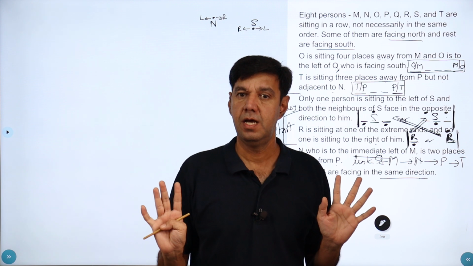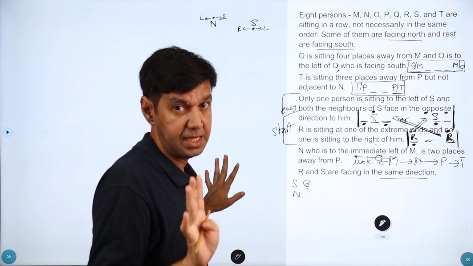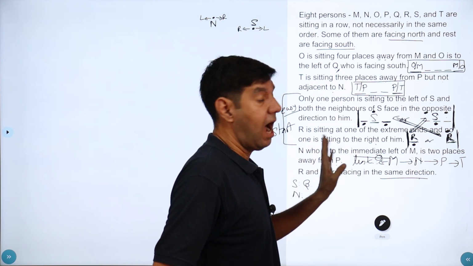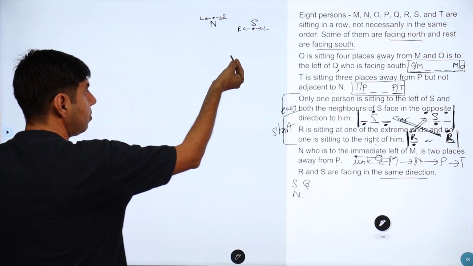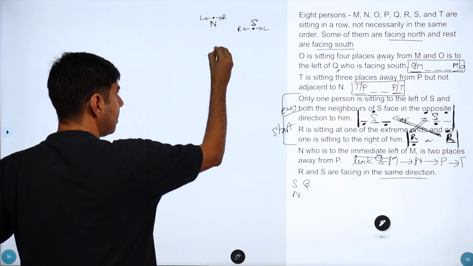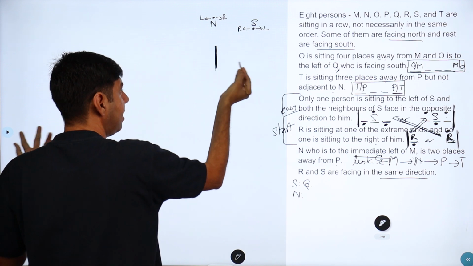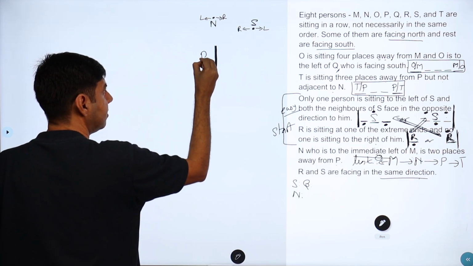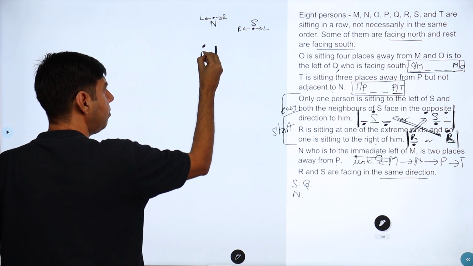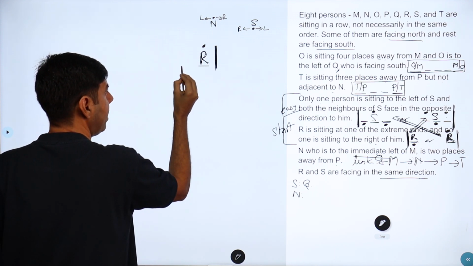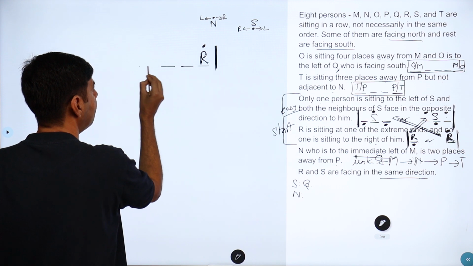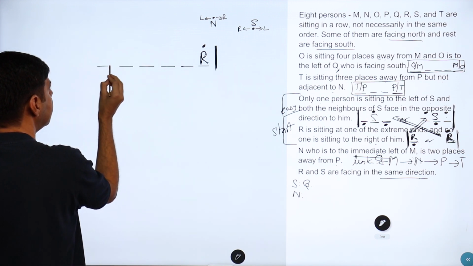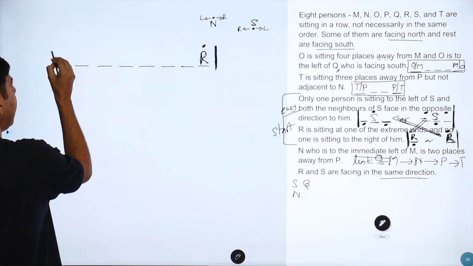One assumption. See this, it's a very critical point. I know the answer, so I'm making a wrong assumption, sort of the typical wrong assumption, and I'm saying R is towards the right end. I'll tell you why I'm doing this towards the end. Watch out. Okay, so 1, 2, 3, 4, 5, 6, 7, 8.